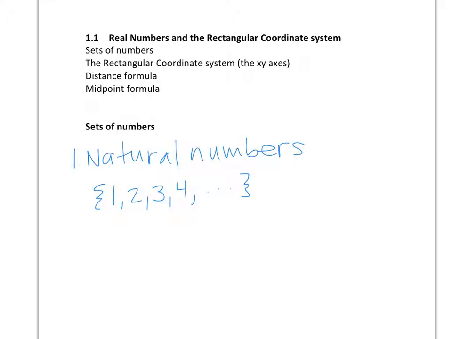So the smallest number in this set is 1, and the largest number is not something we're able to identify. It's that idea of infinity. Another way to describe natural numbers is positive whole numbers.